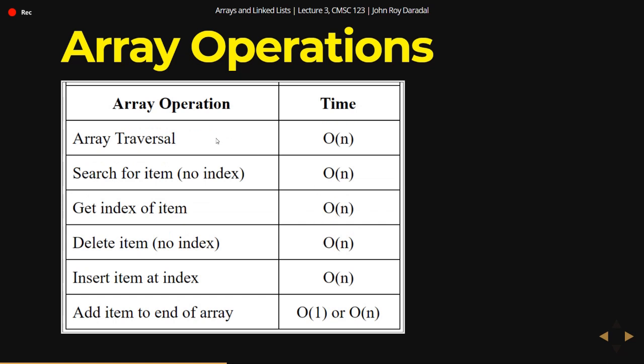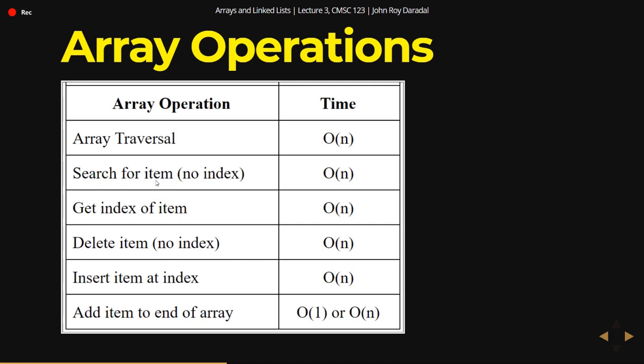However, if you want to traverse the array or go through each of the items in the array, that will take O of n time, wherein n is the length of the array, or the number of items in the array. So since you have to go through each one, that would take linear time. Same is true for searching for an item.